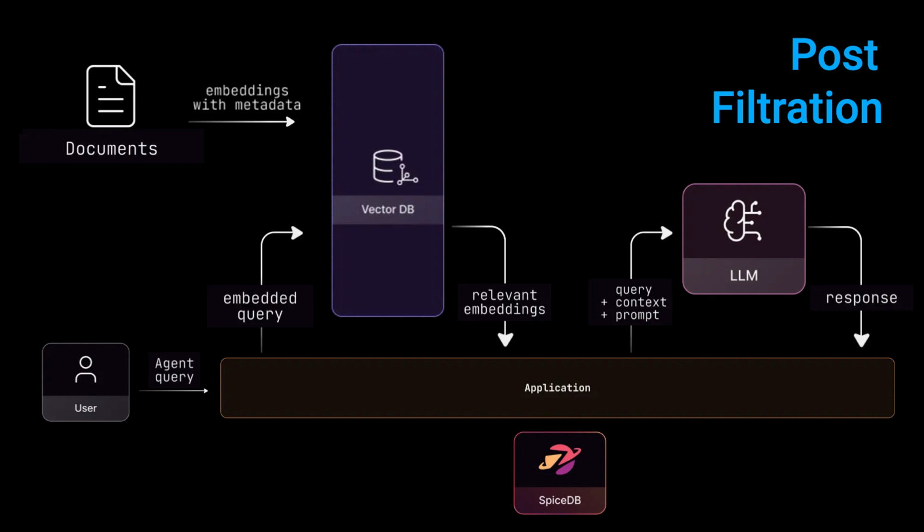Once these relevant embeddings are received, there is an authorization check for each of those documents where those embeddings originated from. And data from only the documents that the user is authorized to view is then sent as a query to the LLM. It is a flexible approach that works well when you have a high positive hit rate from your vector database. But if the hit rate is low, this isn't the most efficient method, in which case you would use a pre-filtration approach.